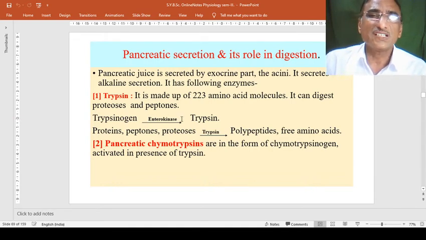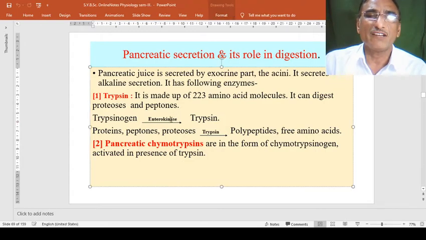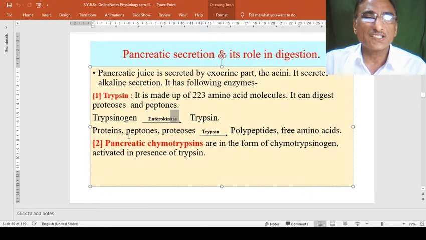One simple thing to keep in mind is that whenever we see the suffix ase in bioscience, it generally means an enzyme. Proteins, peptones and proteoses are all digested into polypeptides and free amino acids in the presence of trypsin.